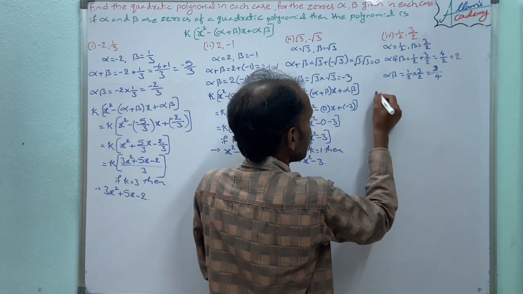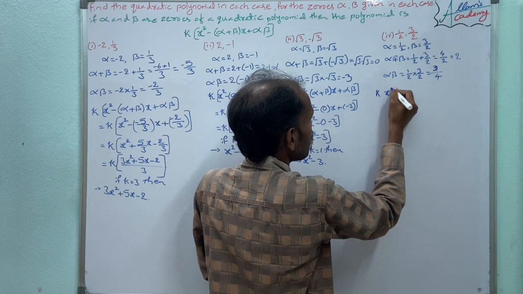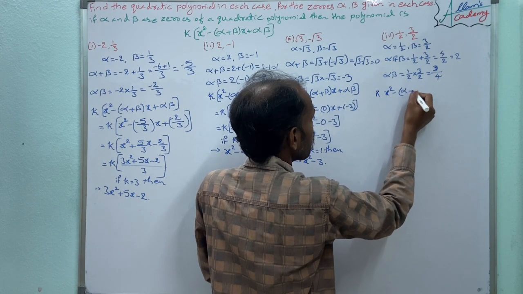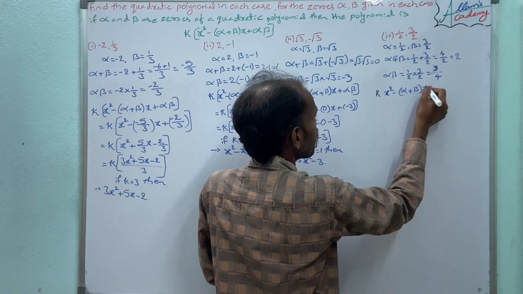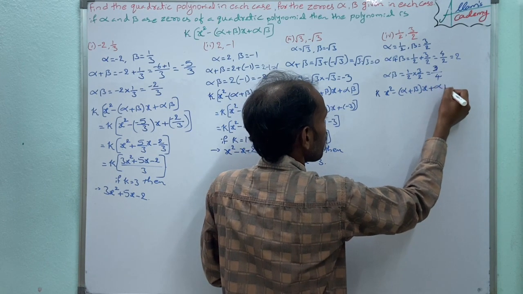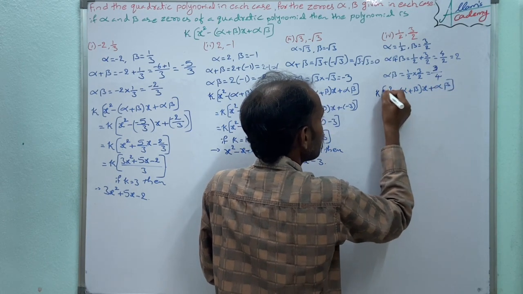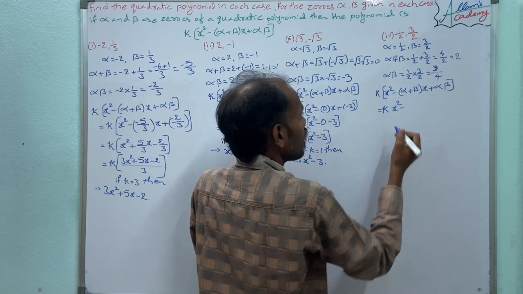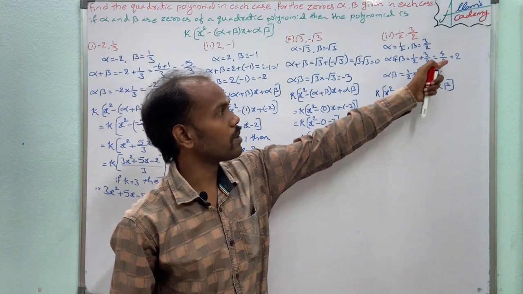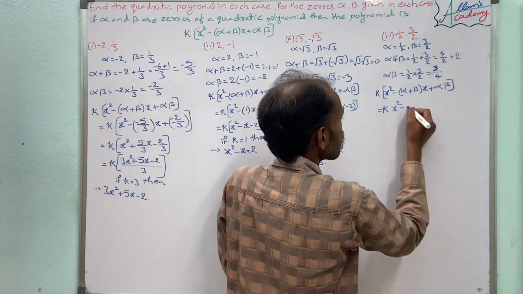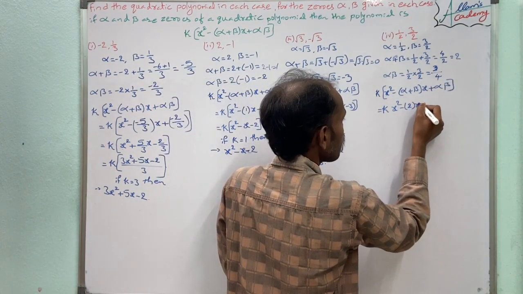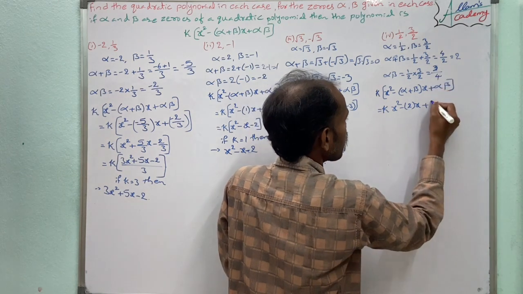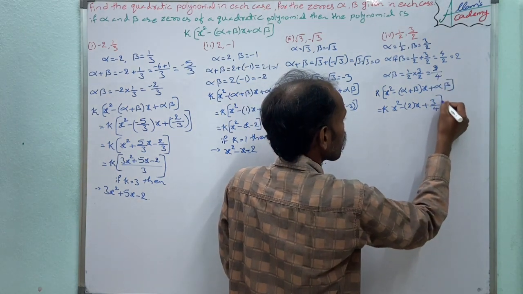So if alpha and beta are the zeros, then the quadratic polynomial is k into x square minus alpha plus beta into x plus alpha beta. Here the sum of the zeros, alpha plus beta, equals 2, given. So 2 into x plus alpha beta, that is 3 by 4.